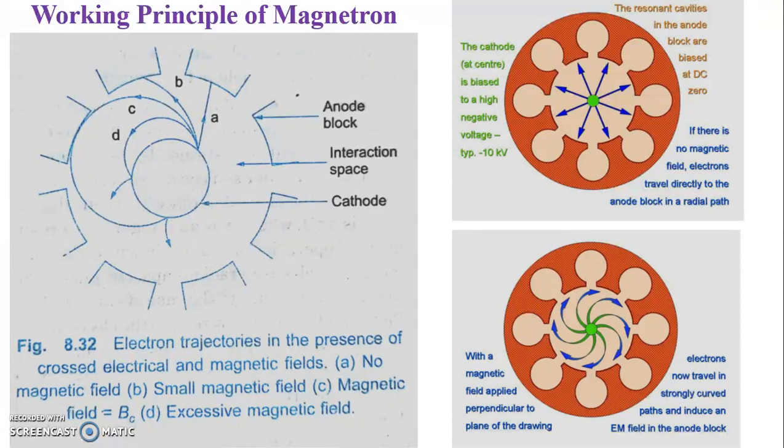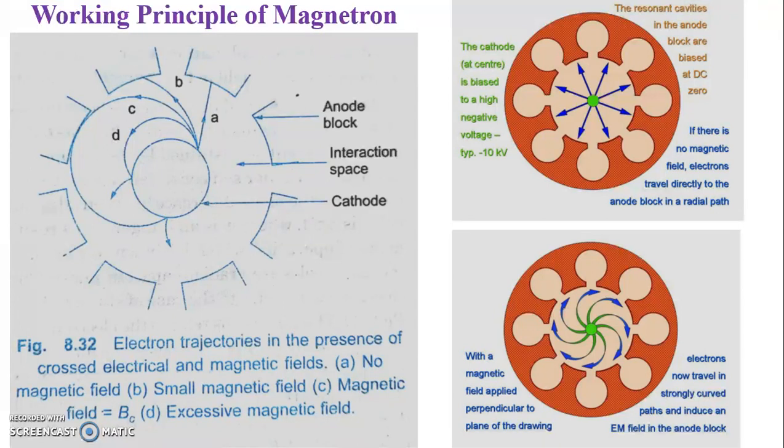The magnetic field required to return electrons back to the cathode, just grazing the surface of the anode, is called the critical magnetic field BC or cutoff magnetic field.